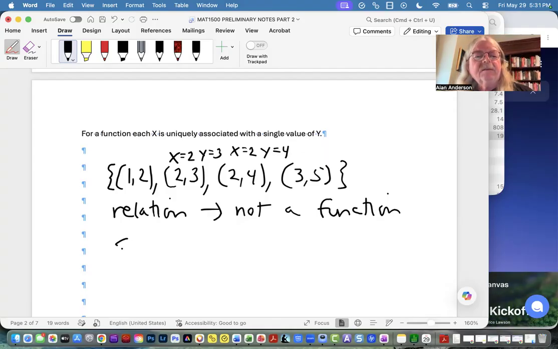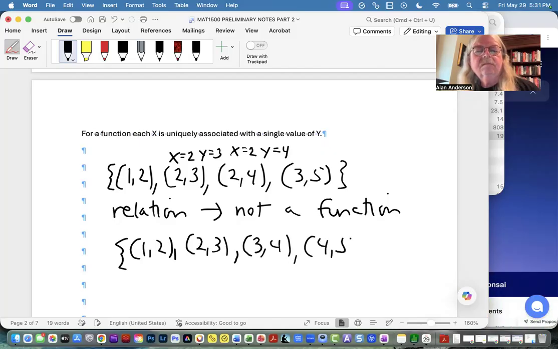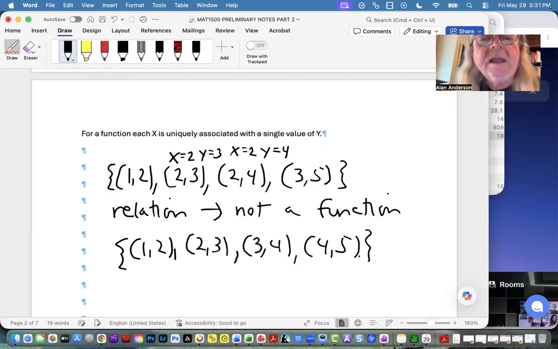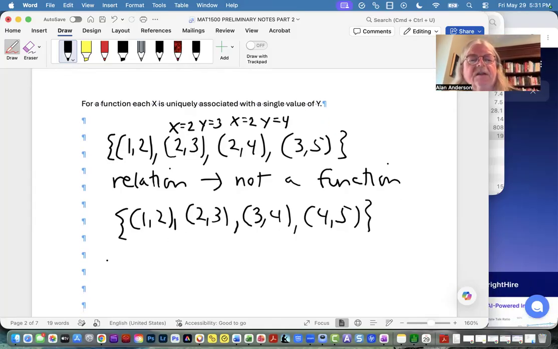But if instead we had something like this, well, it's a relation. It's also a relation, but it is a function. So in other words, it's a relation and a function.